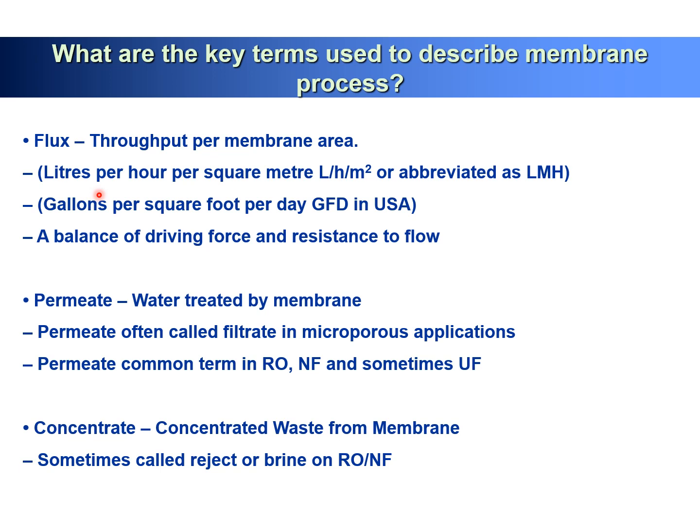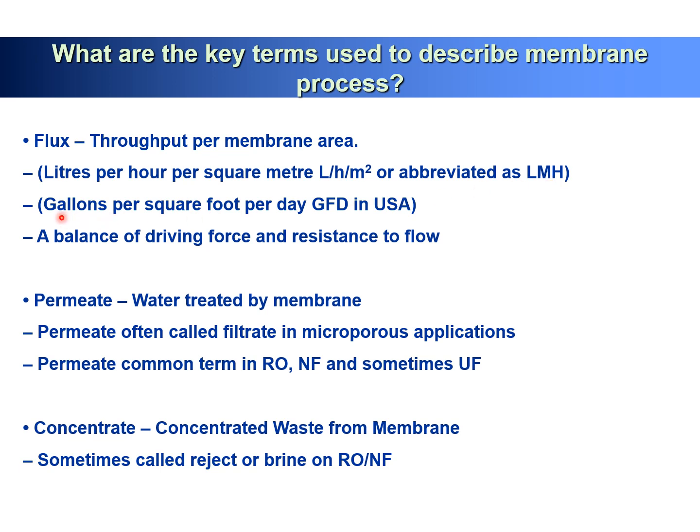The membrane passes this water molecule, and we express it as liters per hour per square meter, so we just say LMH. That is how many liters of water pass through the membrane per 1 square meter per hour. So we call it LMH to design your membrane process.